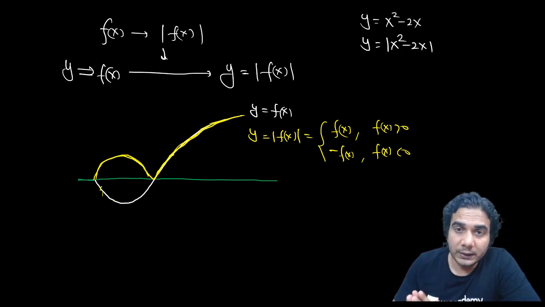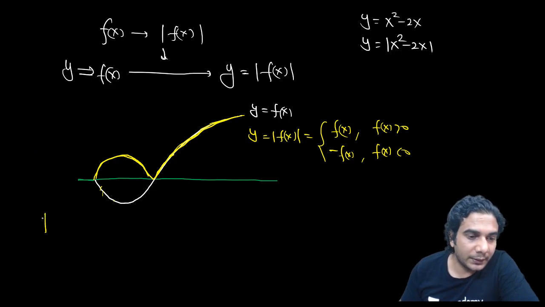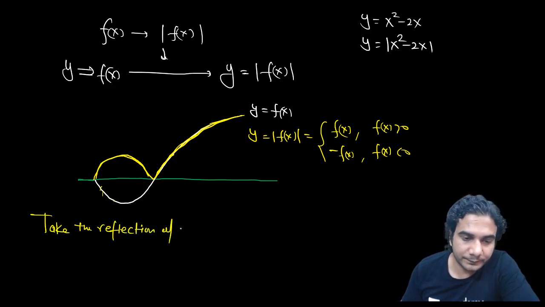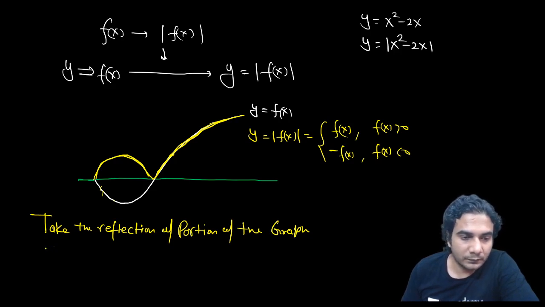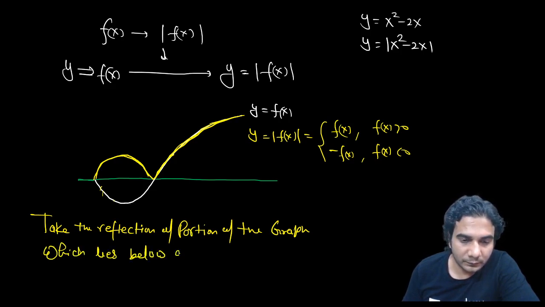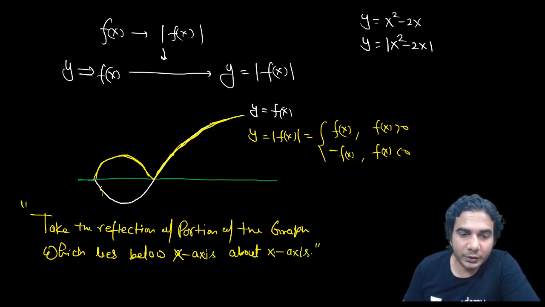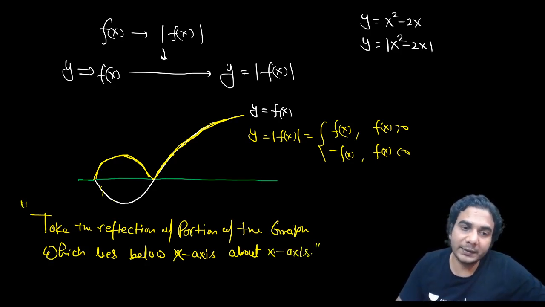For the graph of y is equal to mod of f(x), you just need to take the reflection of the portion of the graph which lies below x-axis, about x-axis.